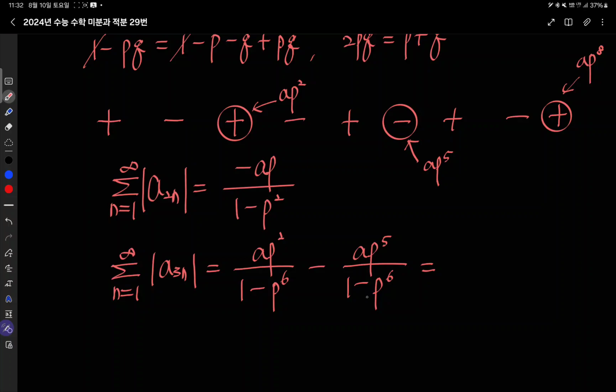So if we combine these two, if we subtract these two fractions, we can simplify the fraction.